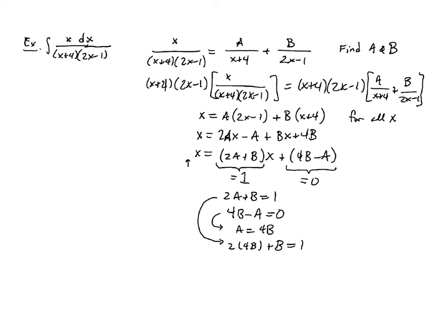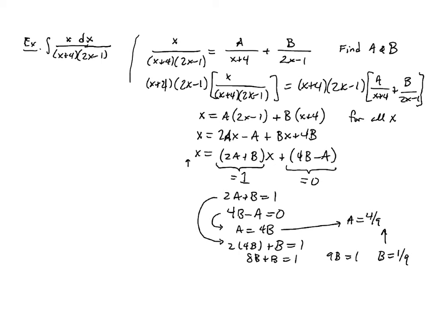And when you solve that, 8B plus B equals 1. So 9B equals 1, and B equals 1/9. And then you combine that with the expression for A that we found in order to find that A equals 4/9.